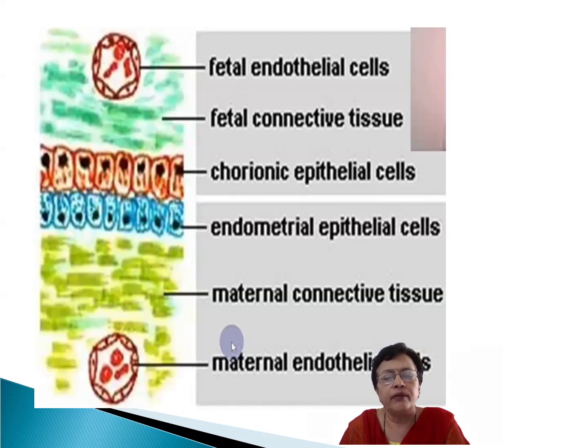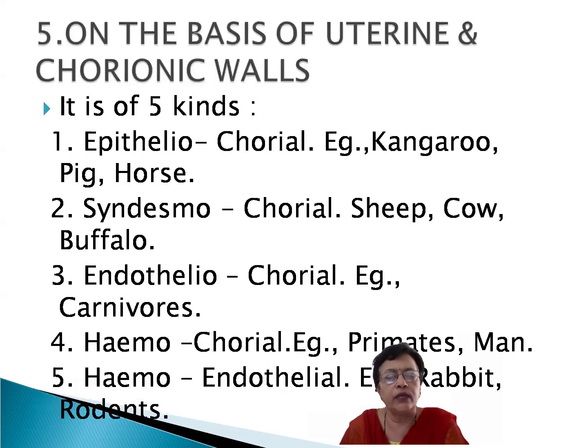If we say that maternal connective tissue is also absent and maternal endometrial epithelial cells are also absent, such kind of placenta is called endotheliochorial placenta, and it is present in all the carnivores. Okay.